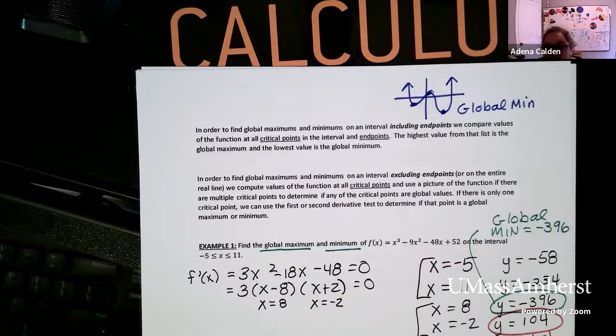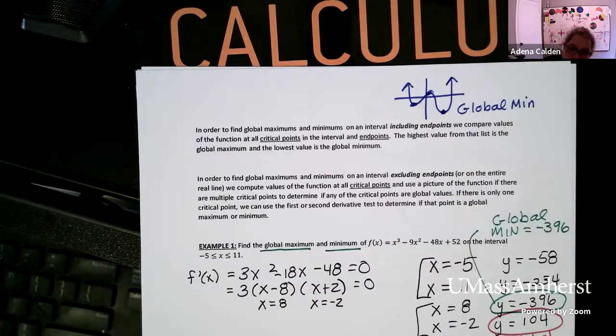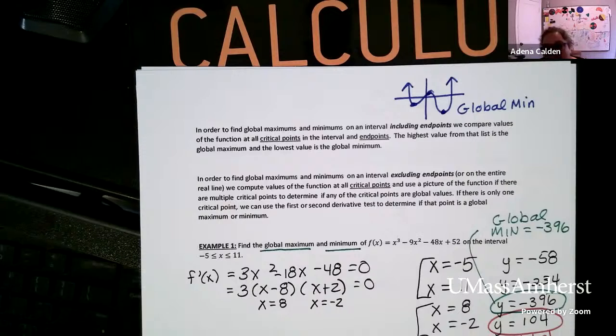If there's only one critical point, then that critical point is either going to be a global max or a global min, or in some rare cases, it could be neither. And so what we do is we take that one critical point and we use one of the tests to determine, is it global max, global min, neither.